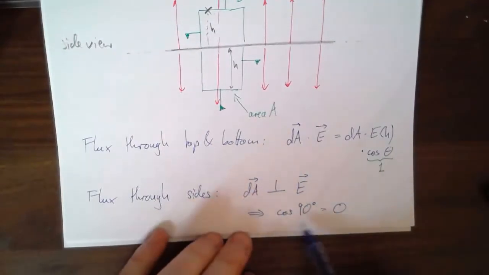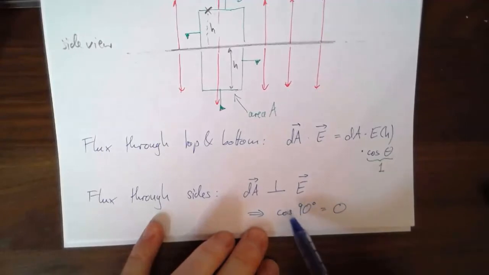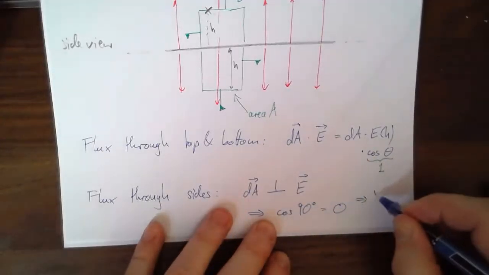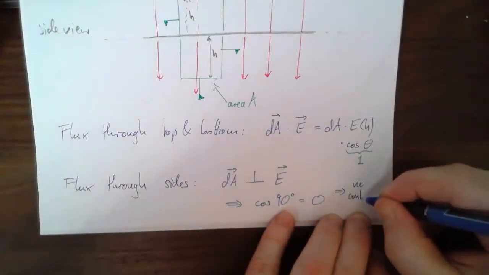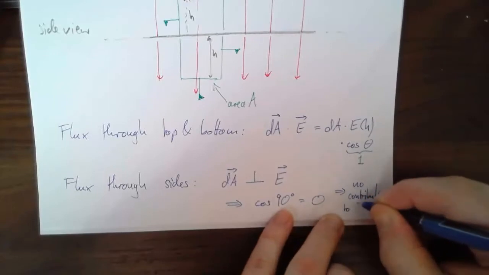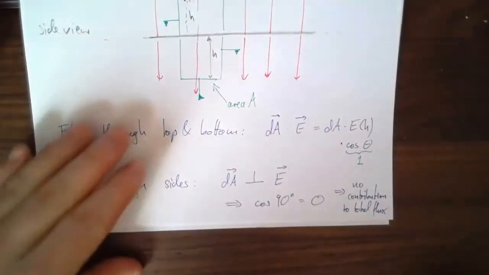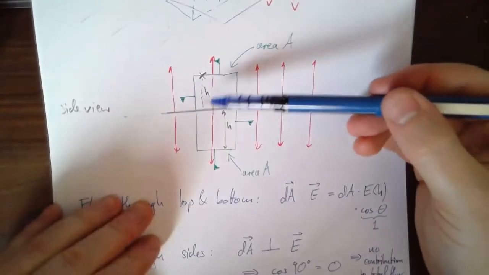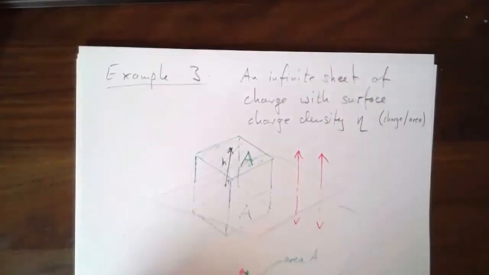It's just a fact, but that is going to feature in the flux. So no flux, no contribution to the total flux, because the electric field is parallel to the surface, therefore perpendicular to the flux. Okay.